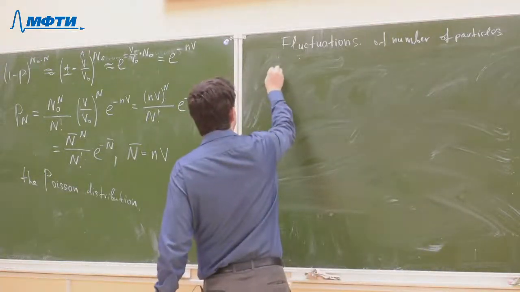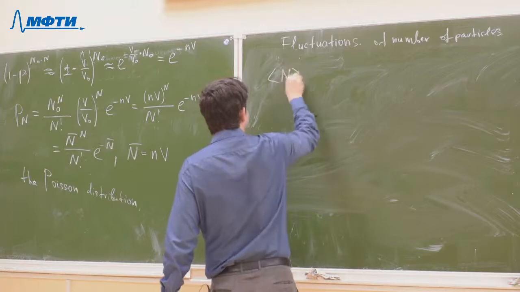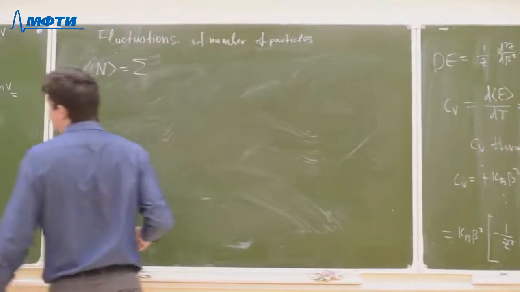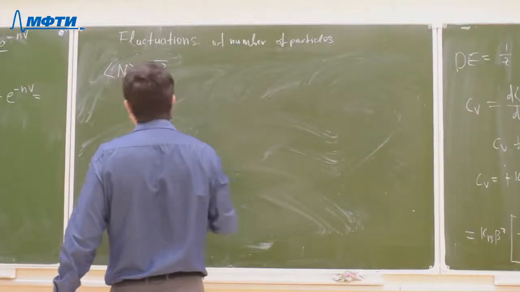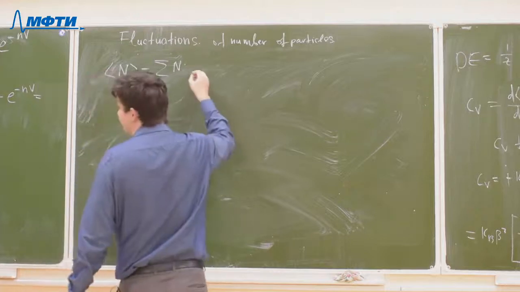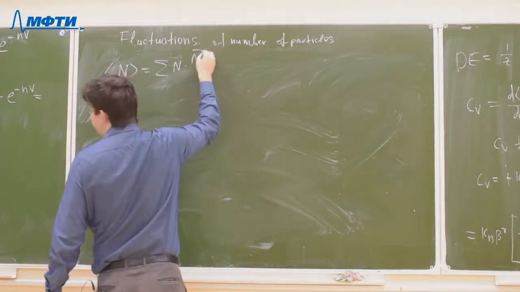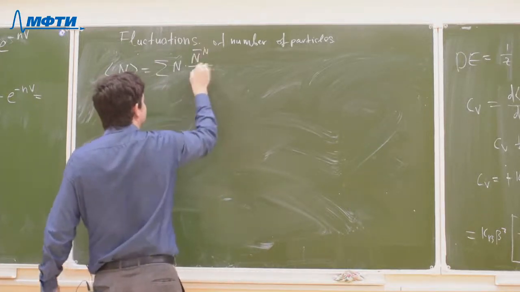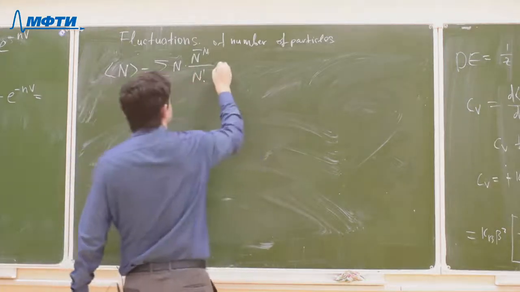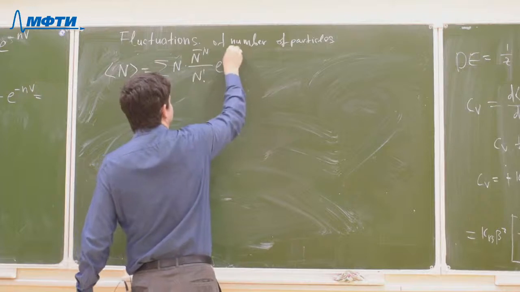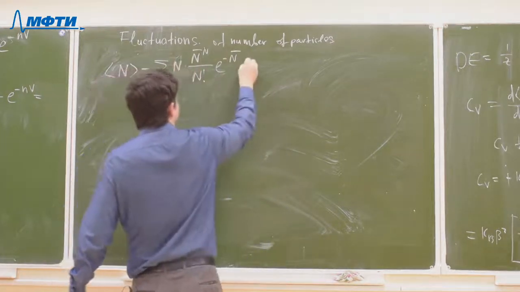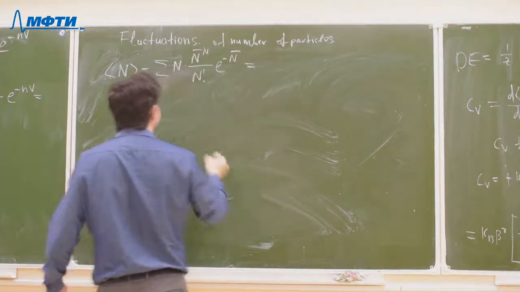Okay, then let's calculate the average number of particles. It should be the sum over n of n multiplied by n-bar to the n divided by n factorial multiplied by e to the minus n-bar. This gives me the following.